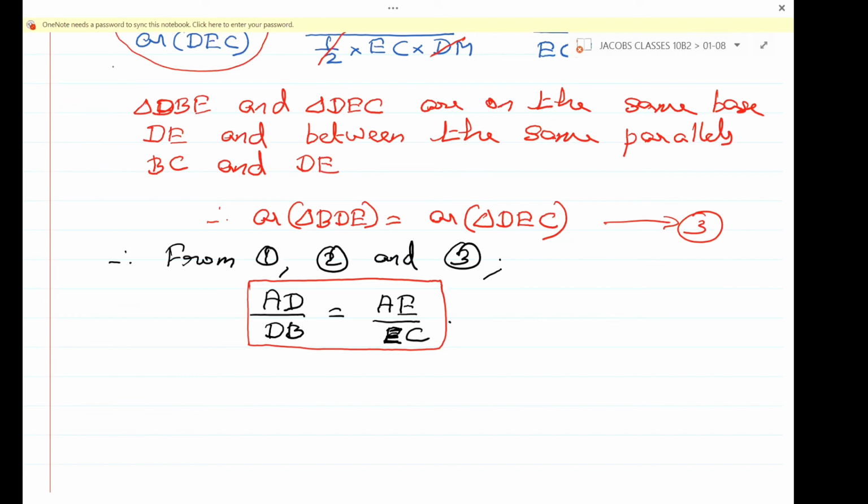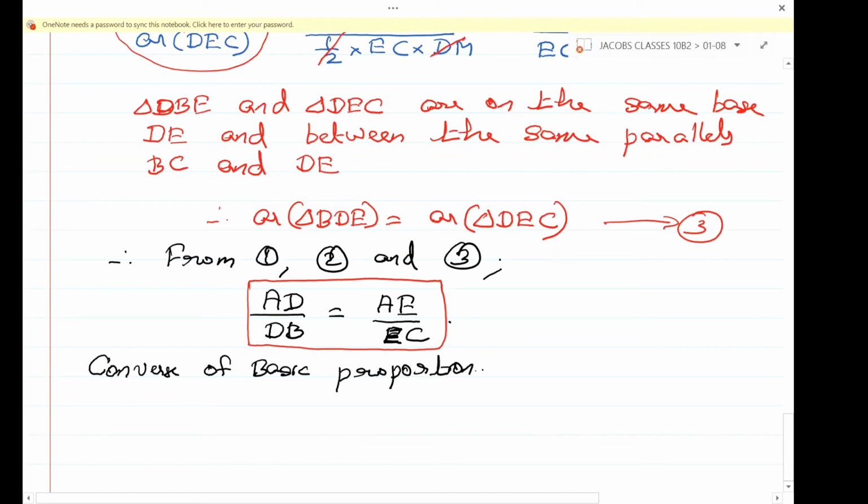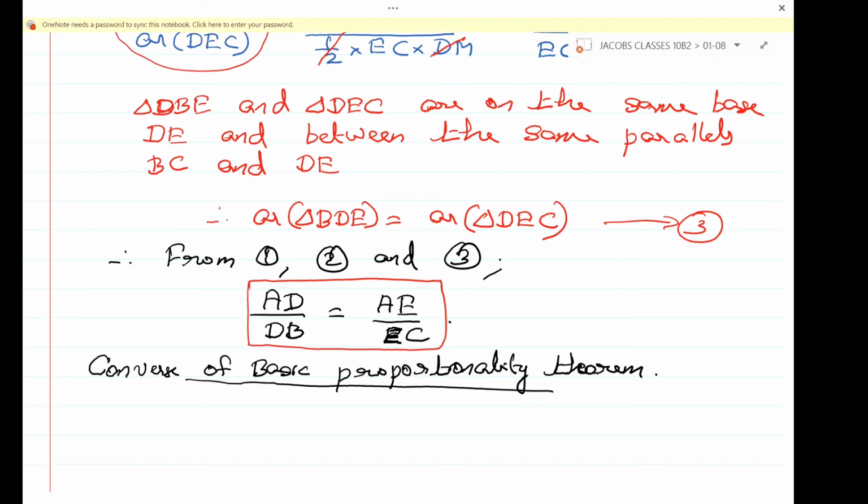So write it as a subheading, converse of basic proportionality theorem.